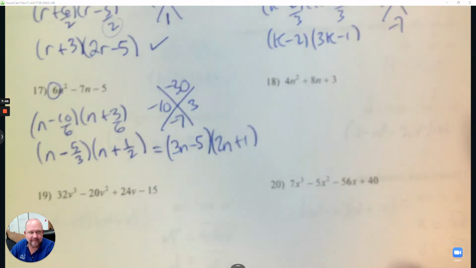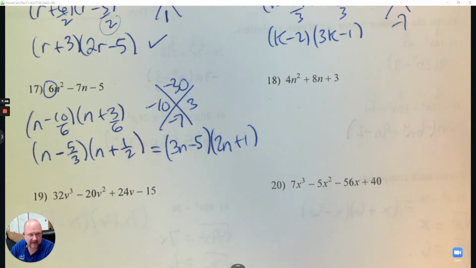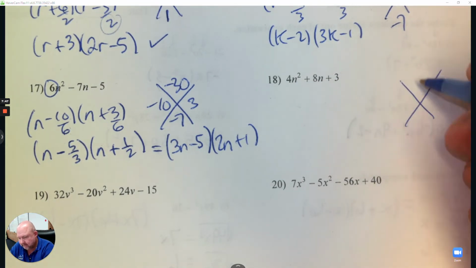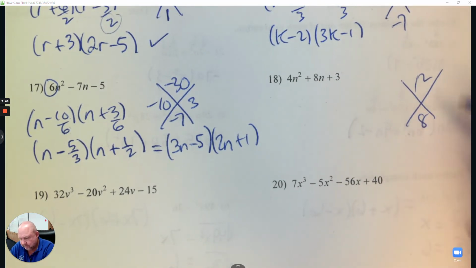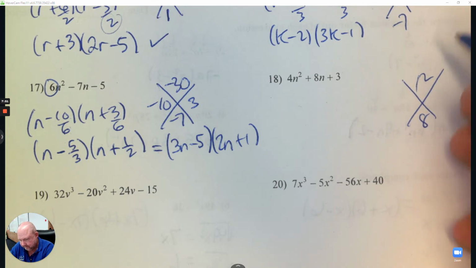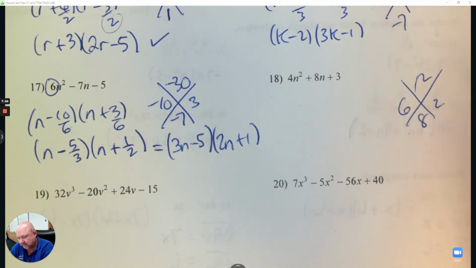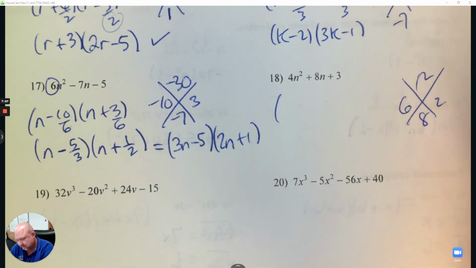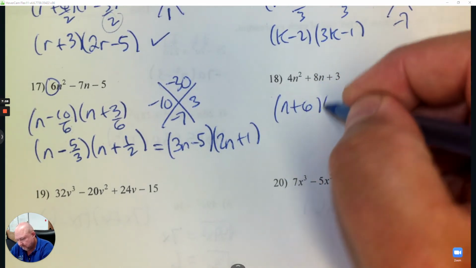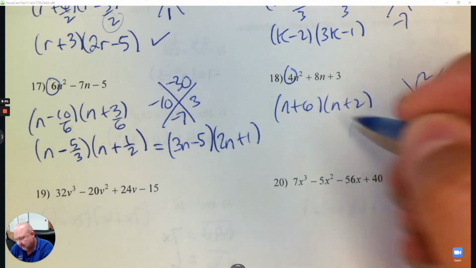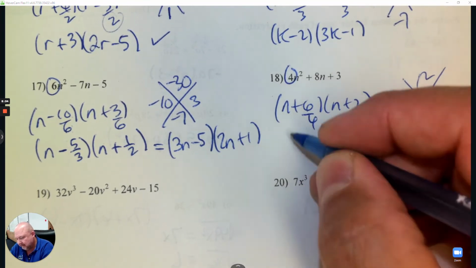Number 18. Press pause and try it. 4 times 3 and 8. So the two numbers are 6 and 2. Take the leading number and divide both numbers by it.